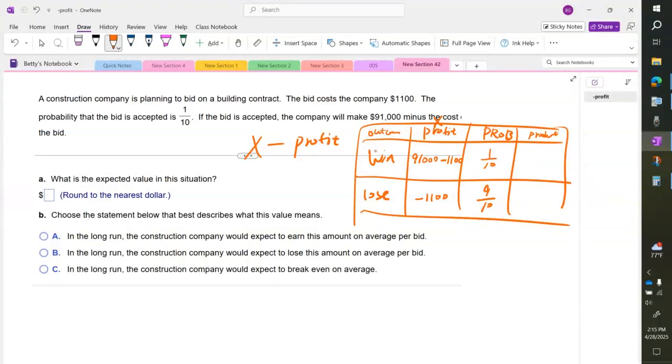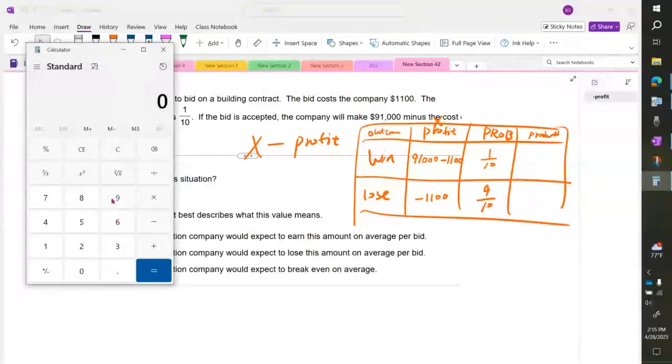And the last column is going to be the product, right? So let's see what is 91,000 minus 1,100. 89,900.